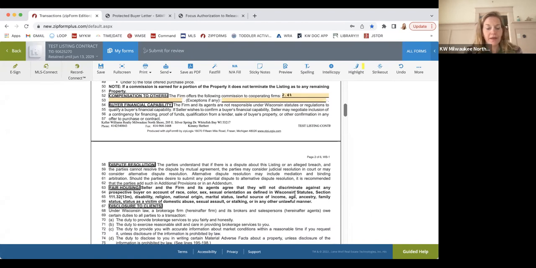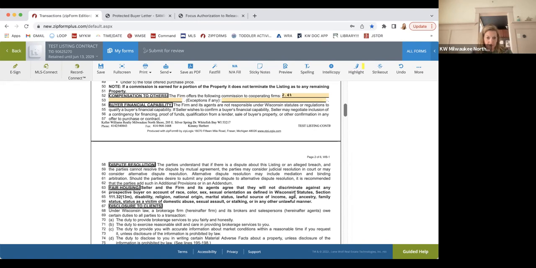Okay. Buyer's financial capability. So this is just a statement here saying the firm and its agents are not responsible under the Wisconsin statutes or regulations to qualify a buyer's financial capability. If seller wishes to confirm a buyer's financial capability, seller may negotiate the inclusion of a contingency for financing, proof of funds, or qualification from a lender, sale of the buyer's property, or other confirmation in any offer to purchase or contract.